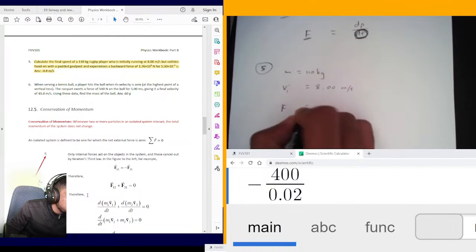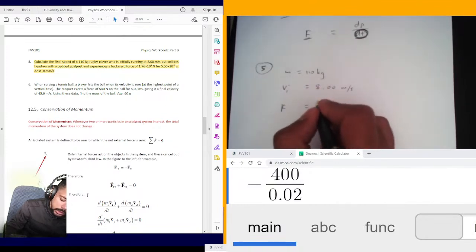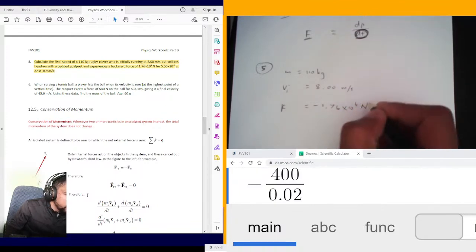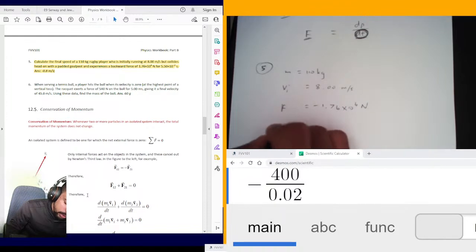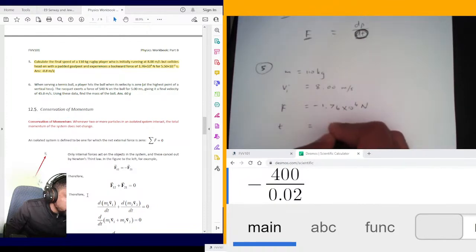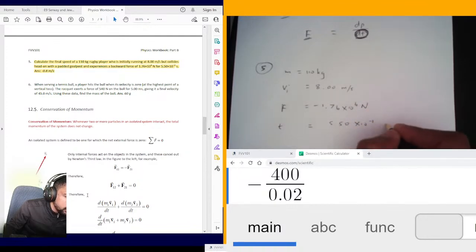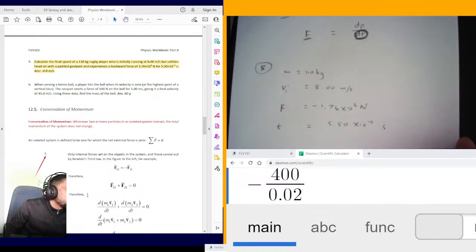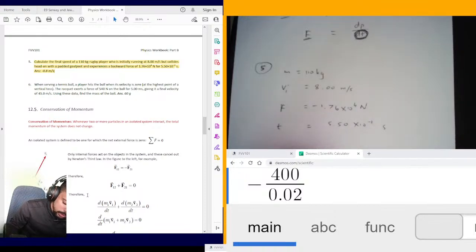So the force is negative 1.76 times 10 to the 4 newtons, and that force acts over a time period of 5.50 times 10 to the negative 2 seconds. That's 0.05 seconds. They want us to calculate the final speed of this player.